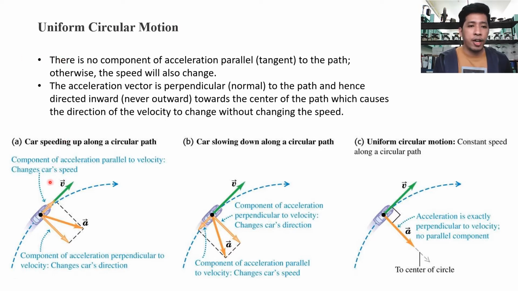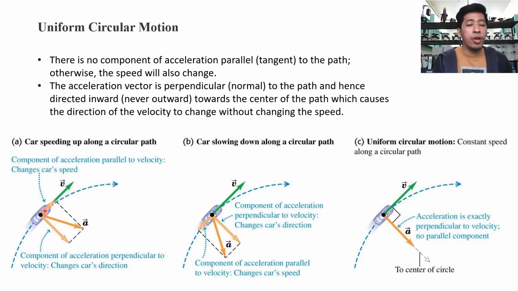Look at the figure below. So this is for a car speeding up along a circular path. This green line here represents the velocity vector of the car speeding up along the circular path. Now, since this car is moving around this circle here, you'll see that the direction of the car changes.